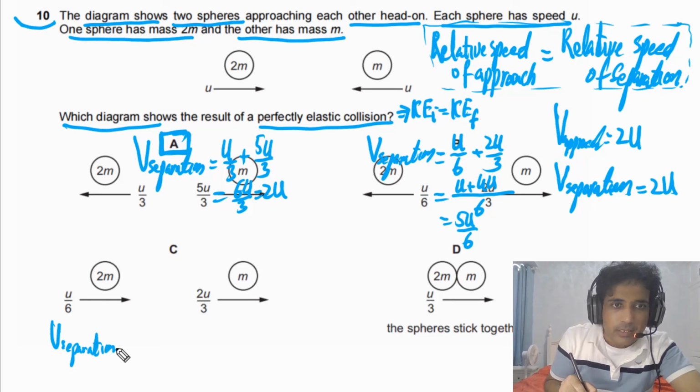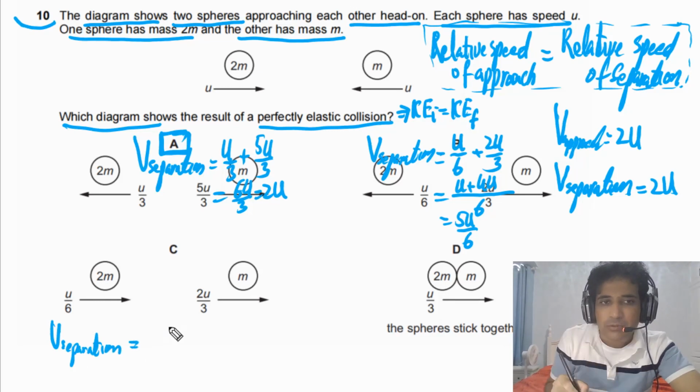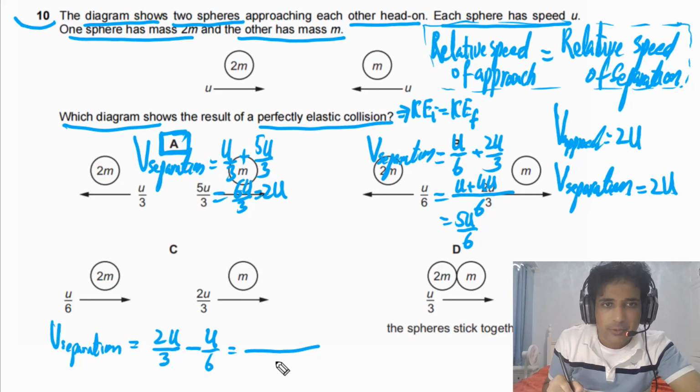As they're moving in the same direction, we have to subtract. So 2u by 3 minus u by 6. Taking LCM 6, we will get 4u minus u, which is 3u by 6, or simply 1 by 2 u.